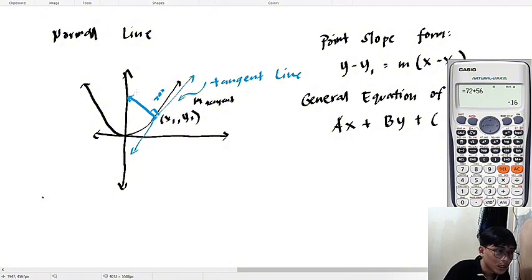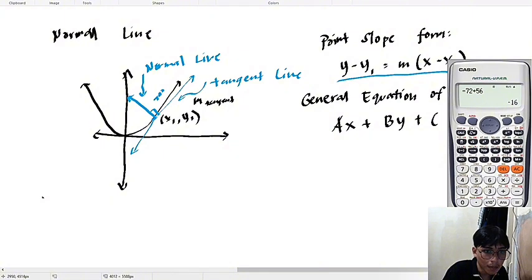Now since this is our normal line, how do we get the equation of our normal line? It's simple. To get the equation of our normal line, we just use the same formula, but the slope is different.